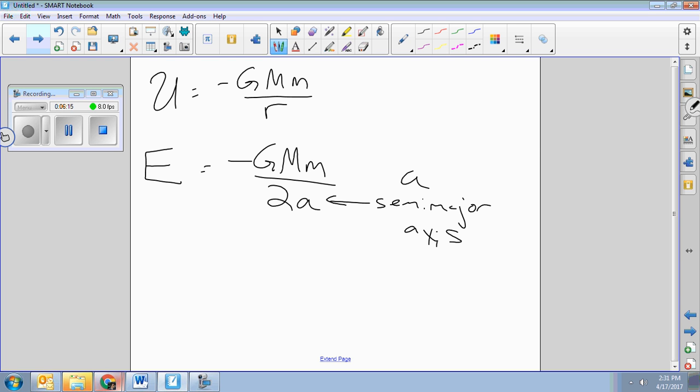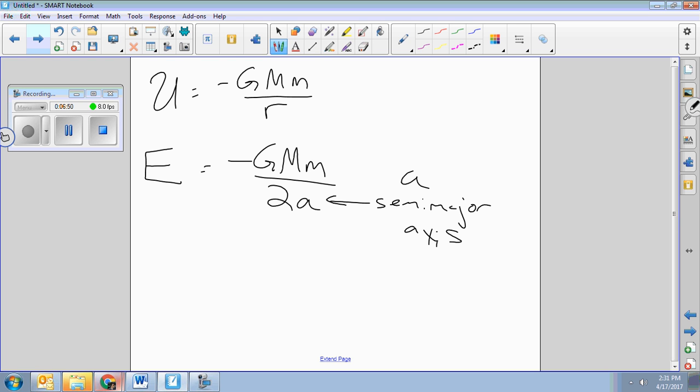Then there was a discussion about when you could use these for circular orbits and when you could use them for elliptical orbits, and I think I did not do a great job explaining that. The gravitational potential energy at a given point depends on the radius at that point, because the farther you are away, the more gravitational potential energy you have. One of the things we learned was that the total energy depends solely on the semi-major axis, and the two masses.